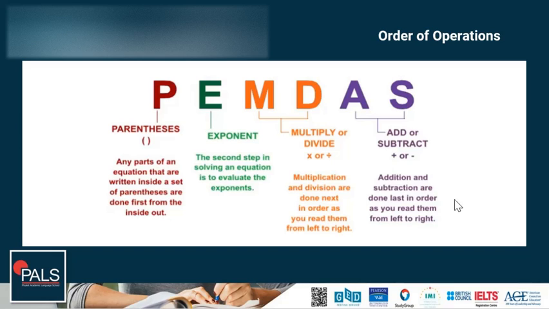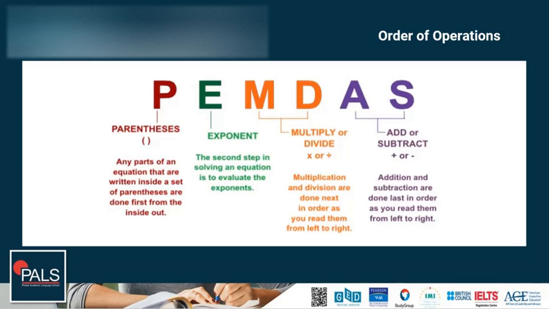Again, if addition and subtraction are in order, you need to solve them from left to right. So PEMDAS again stands for P parenthesis, E exponent, M multiply, D divide, A add, S subtract.